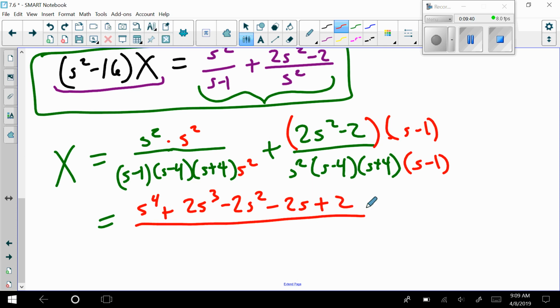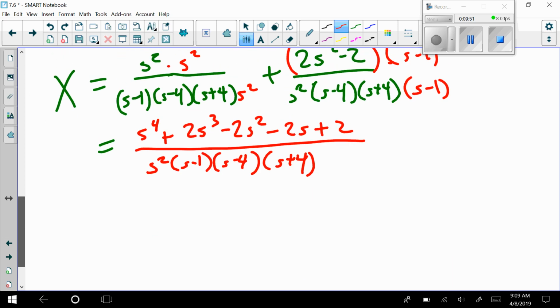And then that whole thing now is over s squared, s minus 1, s minus 4, and s plus 4. Okay. And from here, even though it doesn't feel like it, we're in the home stretch.